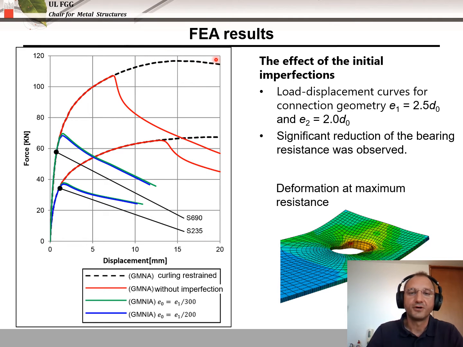The black curve shows the analysis where the curling was restrained, while the red curve presents the analysis without imperfections but curling developed, while the blue and the other curves present the analysis with imperfection. You may see that significant reduction of bearing resistance was observed due to curling, and that the initial imperfection has a significant influence on the reduction of bearing resistance.